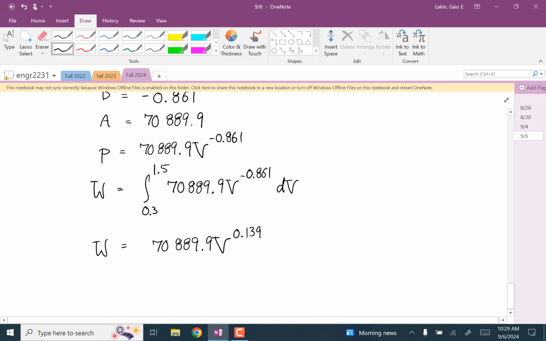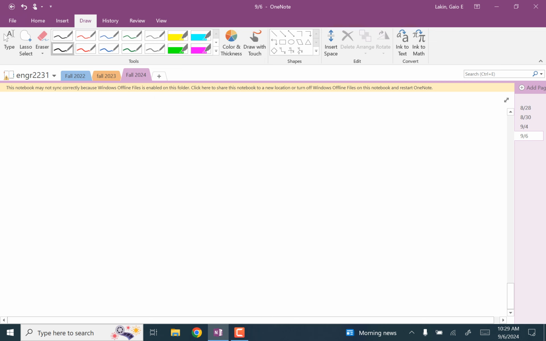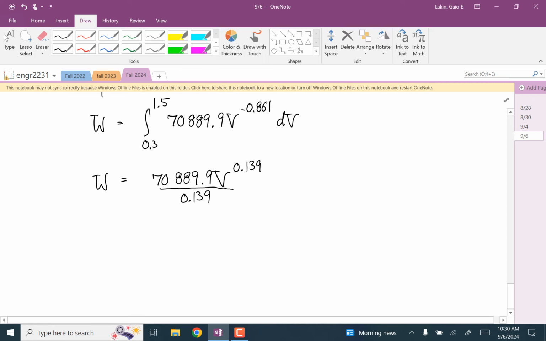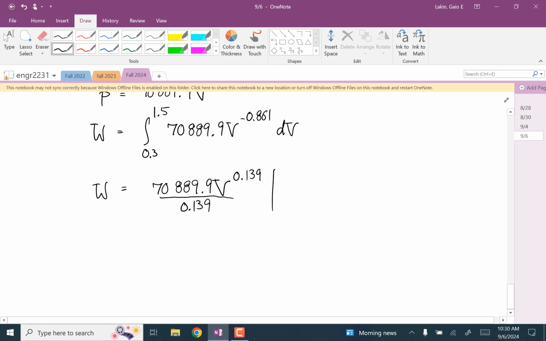Oh, I'm just taking the integral of this, so I just added 1 to the exponent, and now I'm dividing by this new exponent. It's the same thing as the integral of x squared is equal to x to the third divided by 3, but with fractions. And this is evaluated from 0.3 to 1.5.